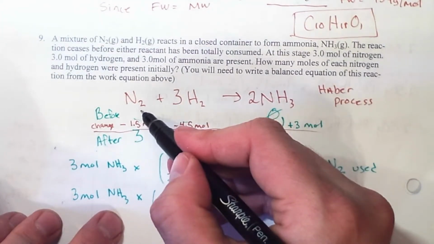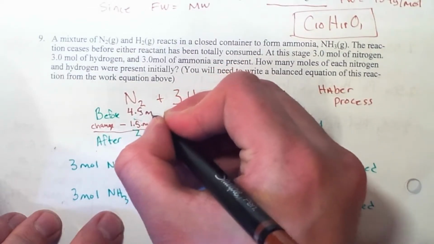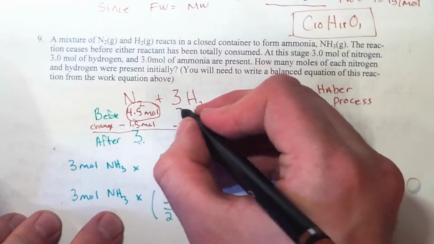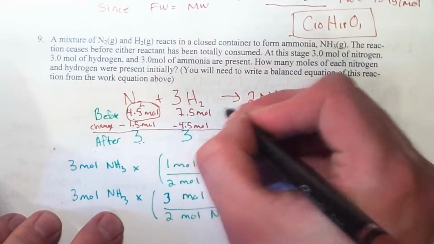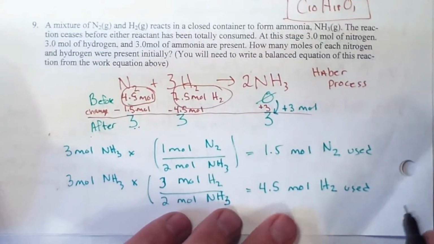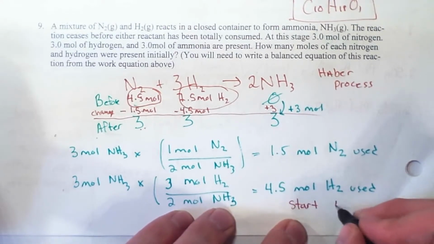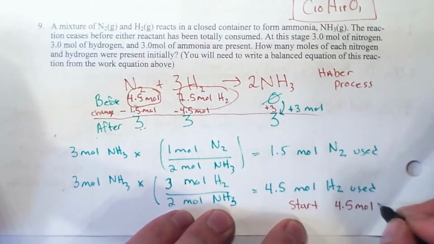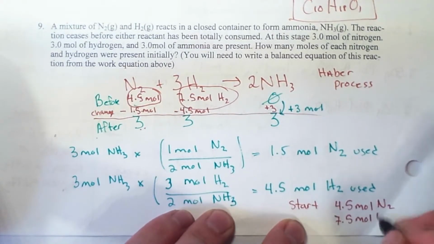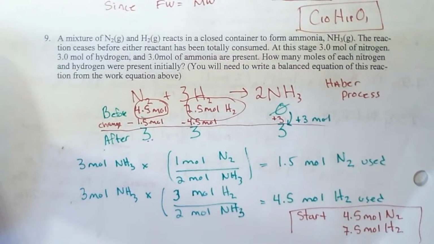So I know that before plus the change needs to equal the after. So I would have had to have 4.5 moles of nitrogen and 7.5 moles of hydrogen. To clarify, the start would have been 4.5 moles of N2 and 7.5 moles of H2. So using a little bit of logic and stoichiometry, looking at an equation.